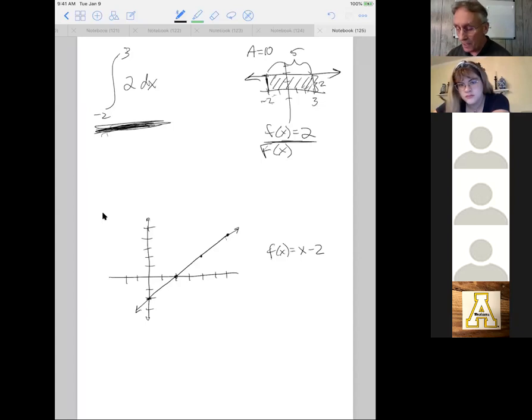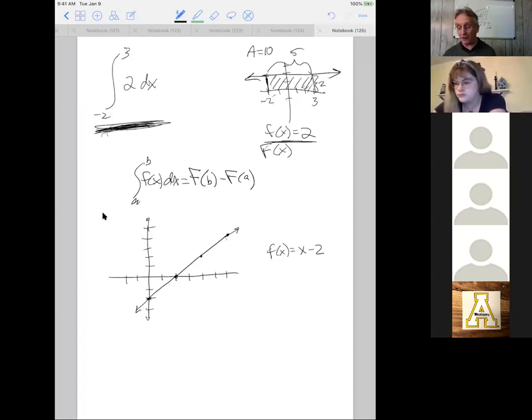So what the rule says is the integral of f of x from a to b dx is equal to cap F of b minus cap F of a. In order to do this definite integral, we've got to calculate cap F of x.